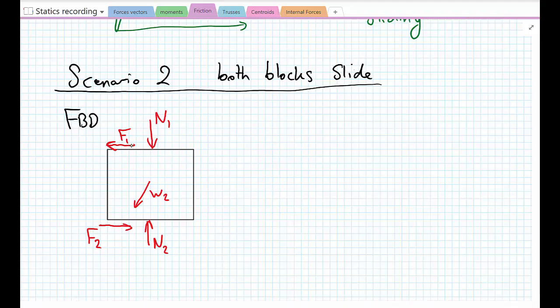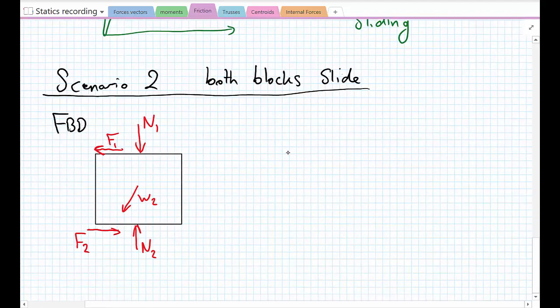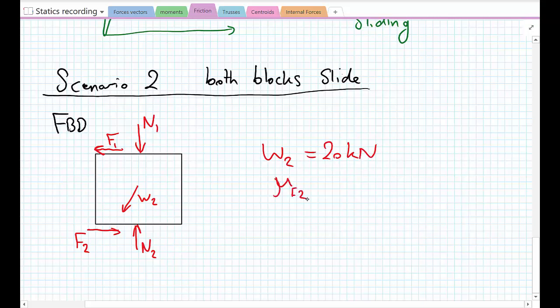And before we go on to do the calculations, let's just remind ourselves that we're told that W2 was equal to 20 kilonewtons and mu F2 was equal to 0.25, and we have values of F1 and N1.